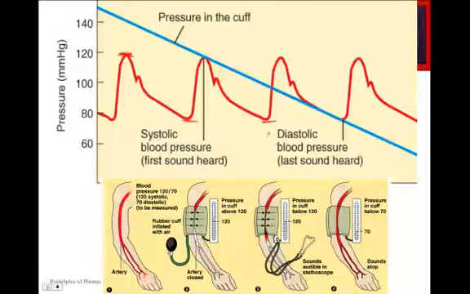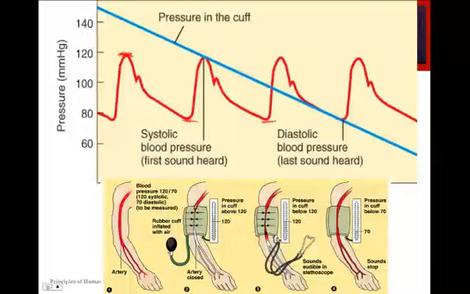This is kind of cool because it shows you how that works. You put a pressure cuff on and then eventually you hear the sound, that lub-dub sound, basically the blood rushing into the arteries.